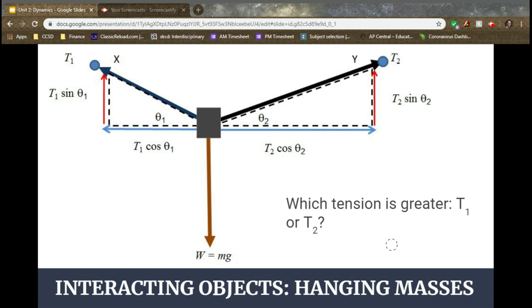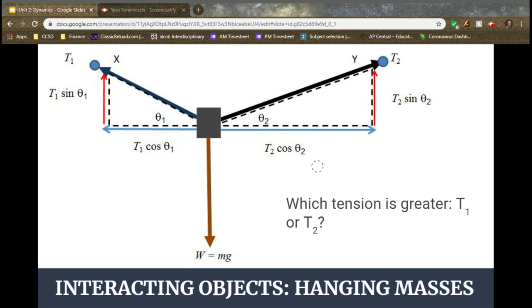The answer to this one technically depends on whether theta 1 or theta 2 is bigger. It looks like theta 1 is bigger than theta 2. If theta 1 is bigger than theta 2, then tension 1 will be greater. However, if theta 2 happens to be bigger, then tension 2 will be bigger.